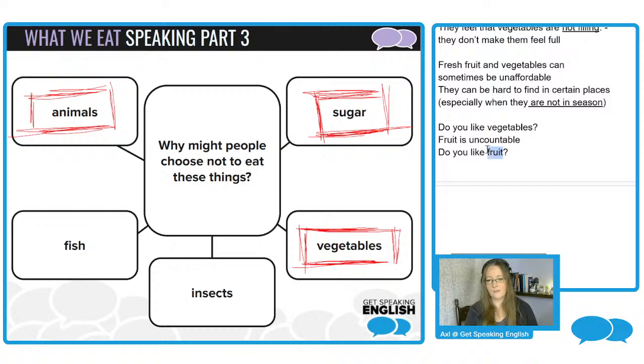But even then, for me, it sounds a little bit weird when I read or hear fruits. It's much more common to just hear fruit without an S. So what kind of fruit do you like? Do you eat fruit in the morning? Yeah, I had some fruit earlier today. So fruit, uncountable, but vegetables, countable.